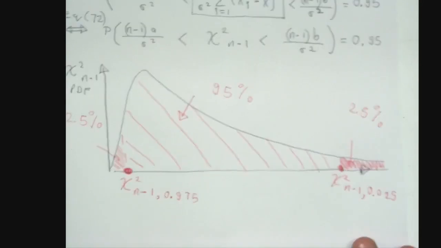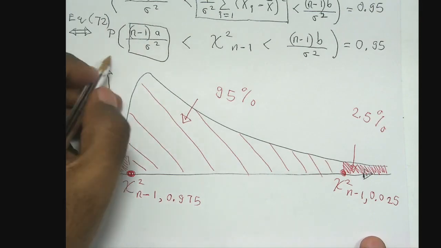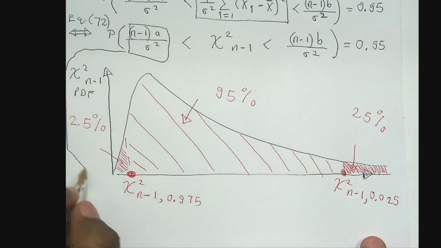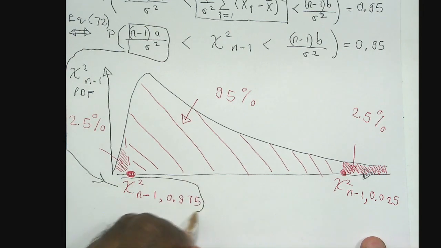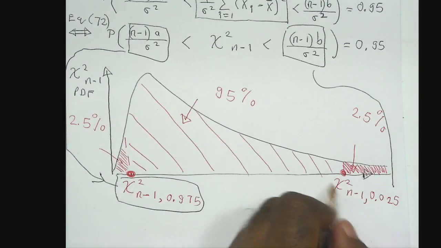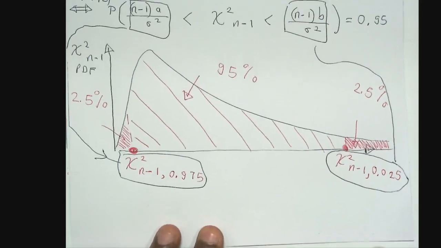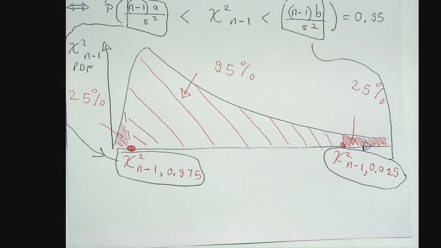All right, so what we are saying is that this guy here must be equal to this, and similarly, this guy here must be equal to this. Do you guys follow what I'm saying? Because we are looking for 2 points, this one and this one, so the area between them is 95%.